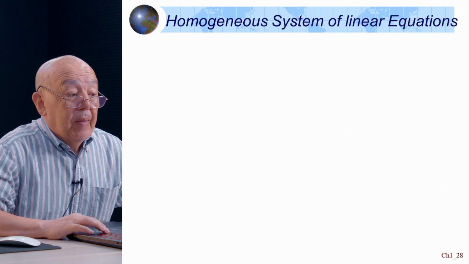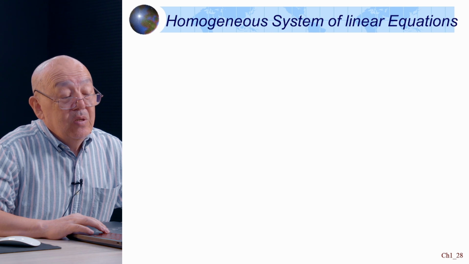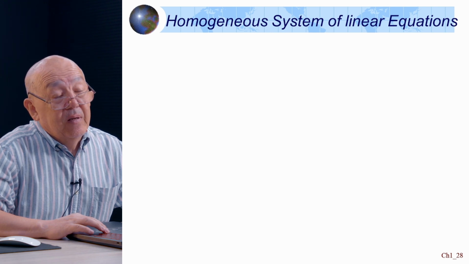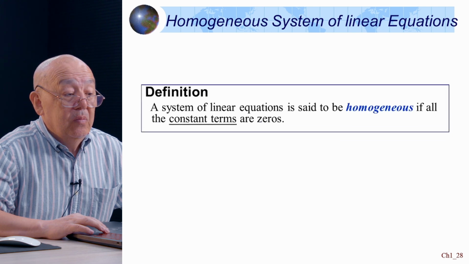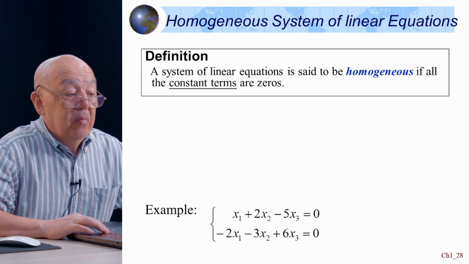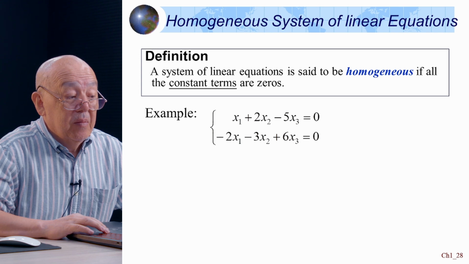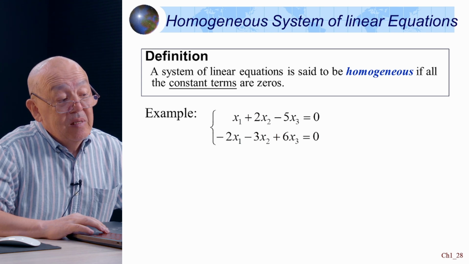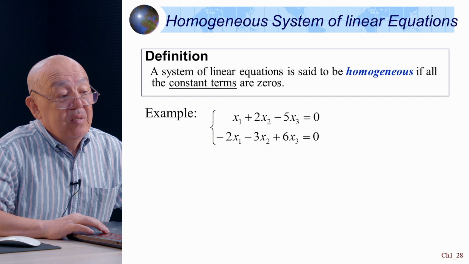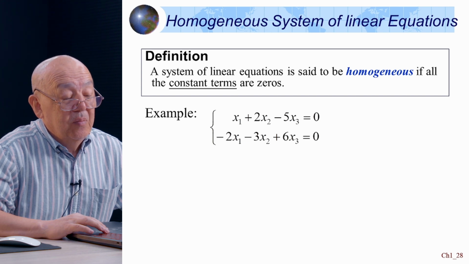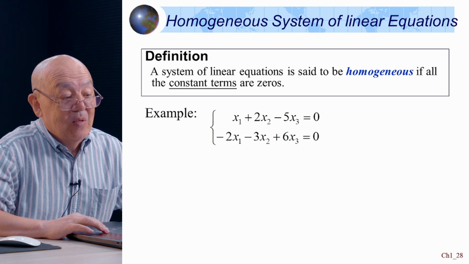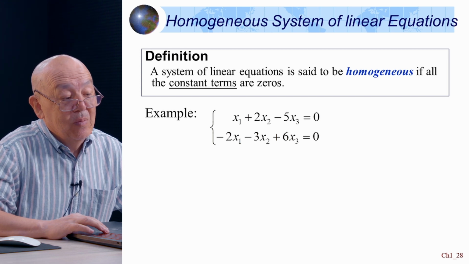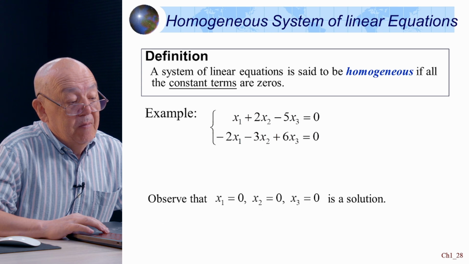And we say that system is homogeneous if all the constant terms are 0. Okay. Examples. And obviously, each homogeneous system is consistent, because there is at least the trivial solution, when all the variables are 0.